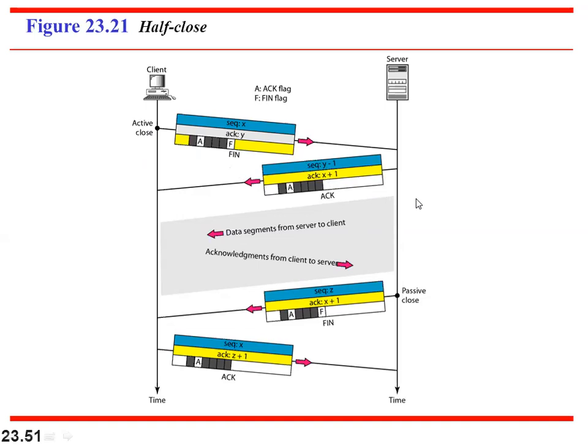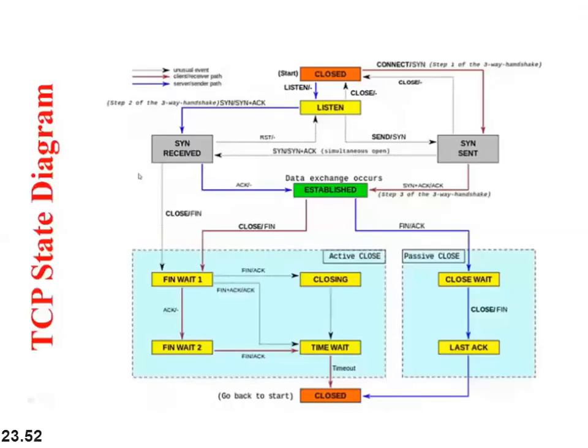So after that, let us say the server is sending data to the client, for which the client is sending acknowledgement, and once all the data is transmitted by the server to the client, the server will be closing the connection using the FIN packet with one sequence number, and for that, the client is sending an acknowledgement number. So if the sequence number is Z, as I already said, the acknowledgement number is Z plus 1. Okay. So this is four-way handshaking using half close.